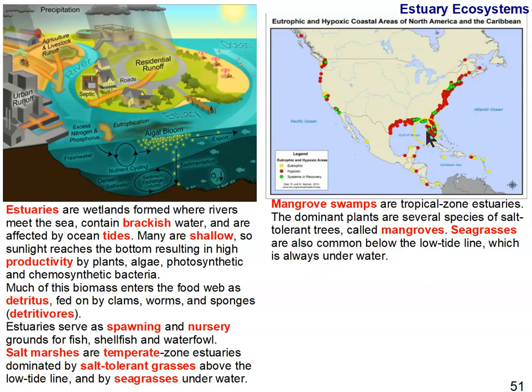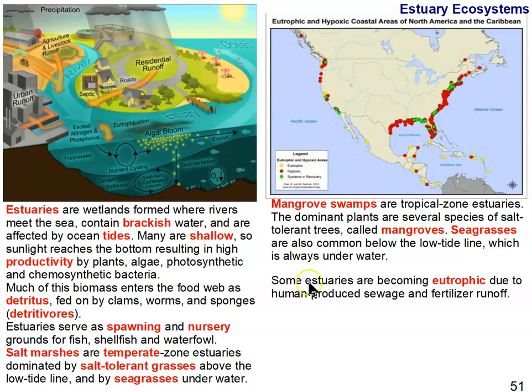This map comes from a study done to identify estuaries, estuarian wetlands, and also identify whether or not they were eutrophic or recovering or hypoxic. So, as you can see, many wetlands in the United States and down south of the United States in the Caribbean are suffering from eutrophication, but mostly suffering from hypoxia.